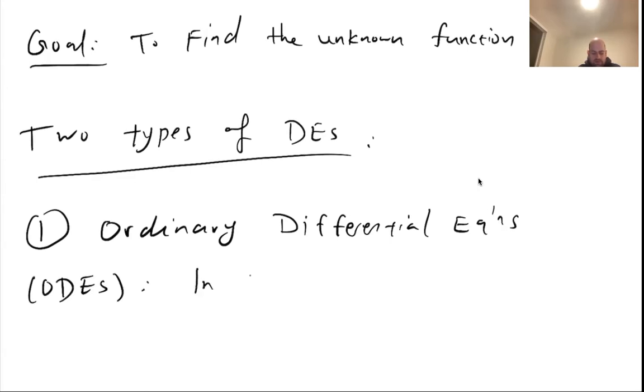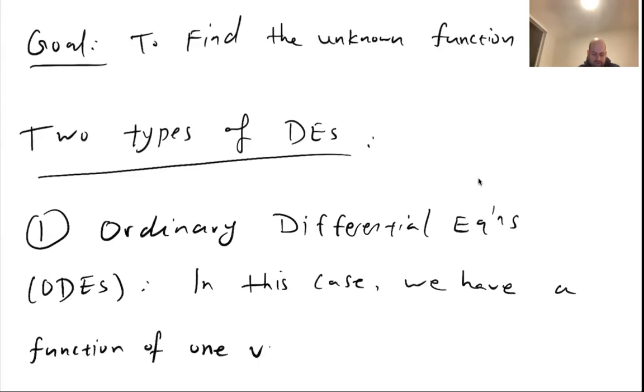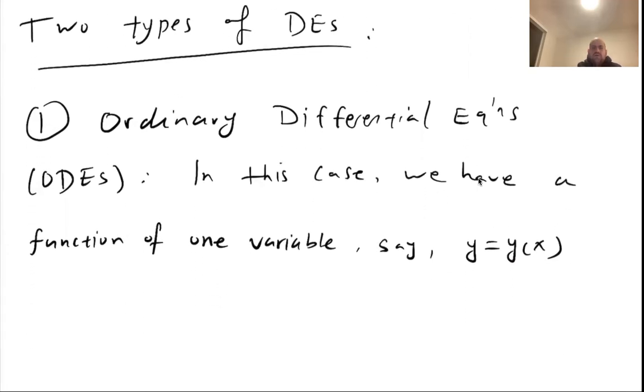So in this case, we have a function of one variable, say y equals y of x.